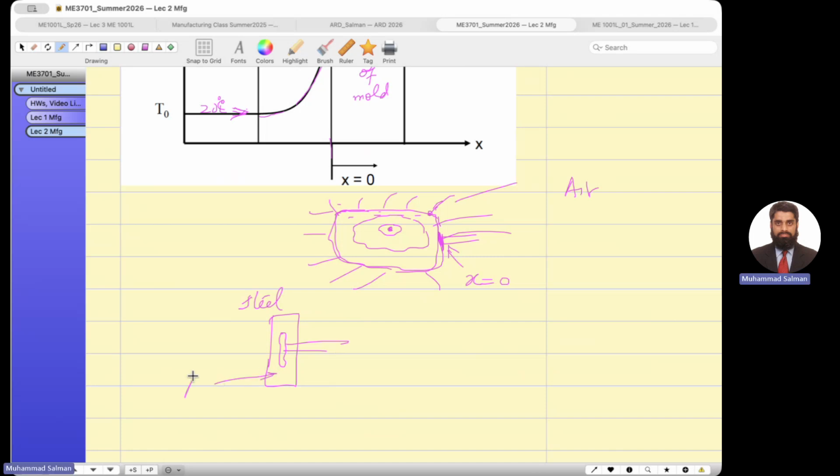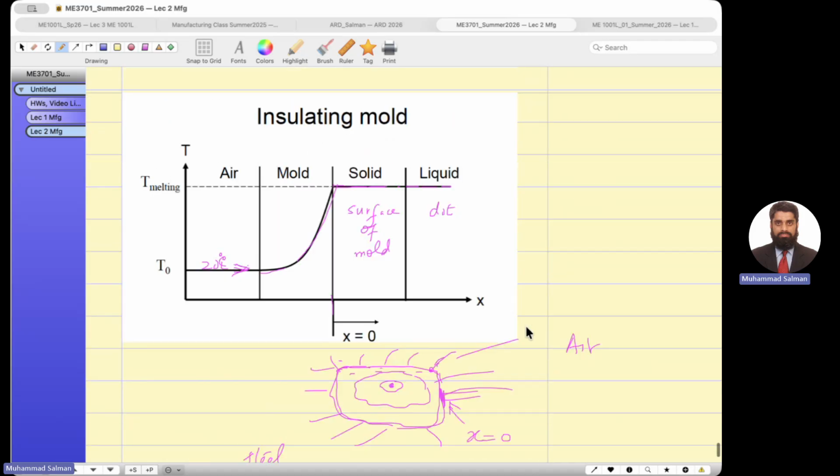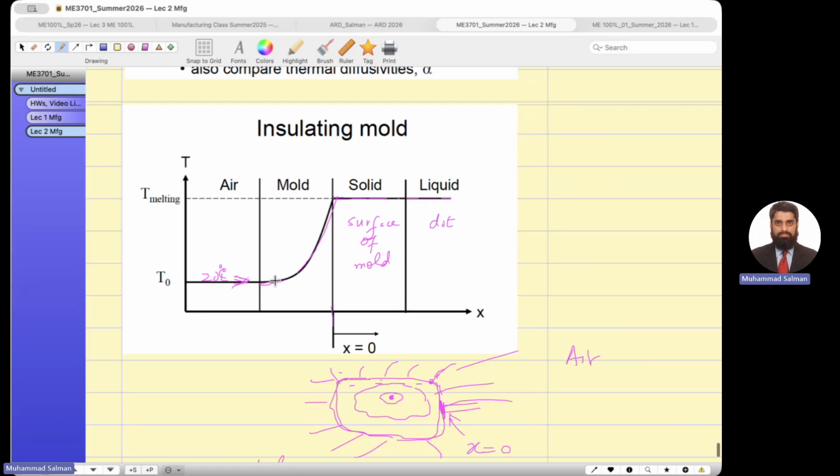Steel is in contact with air, okay, it's inside. So steel in the boundary. I would say at the boundary, when you just pour the metal in, inject the metal inside the die, then you suddenly change the temperature. You don't go slowly. Here you go slowly. The temperature of the sand increases slowly towards the mold, towards the casting.